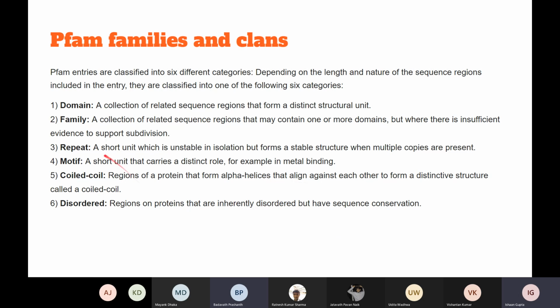And then, just like repeat units, you have something called disordered regions of the proteins. These disordered regions typically do not have any structure, but they are often enriched in lots of different kinds of motifs, and these coiled regions sometimes are conserved across evolution, because that's one of the major things that this database is particularly categorizing.